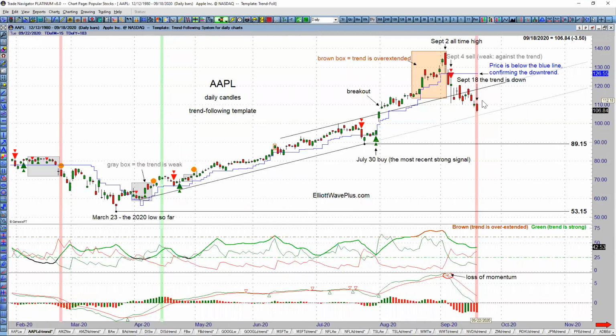Also on Apple, on the trend following algo, or trend following chart template, the trend on Friday changed to down on the daily chart. And as a matter of fact, the trend has turned down now on all of the FANG plus 3 stocks, except for Tesla.